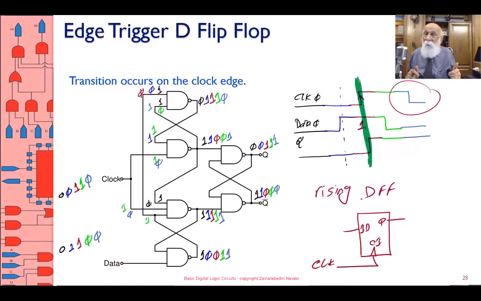Okay, what if I want to have a different way of forcing the output to 1 or to a 0? Okay, let's take this flip-flop as is and add a mechanism for setting it to 0 or setting it to 1.